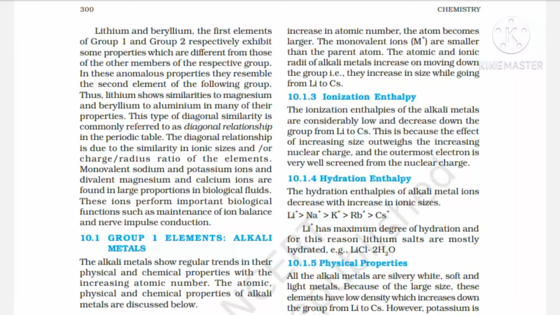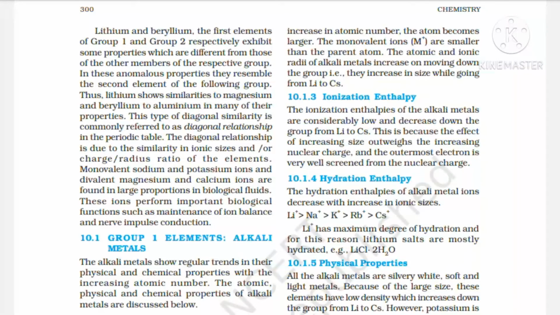Then hydration enthalpy. The hydration enthalpy of alkali metal ions decreases with increase in ion size. Lithium has the maximum degree of hydration, and for this reason lithium salts are mostly hydrated.